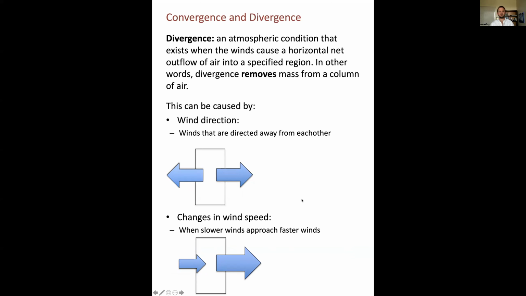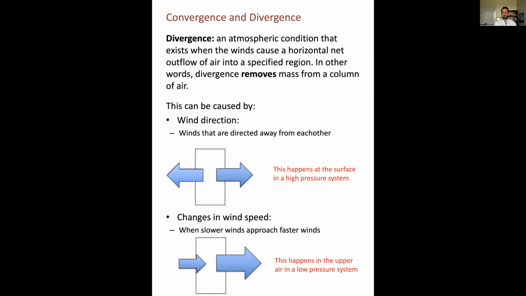And wind direction changes in the form of winds directed away from one another happen at the surface of a high pressure system. And you need to believe me that sometimes changes in wind speed, when slower winds approach faster winds, happen in the upper air above a surface low pressure system.